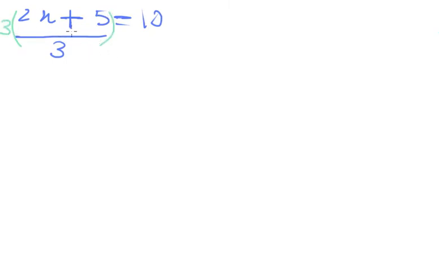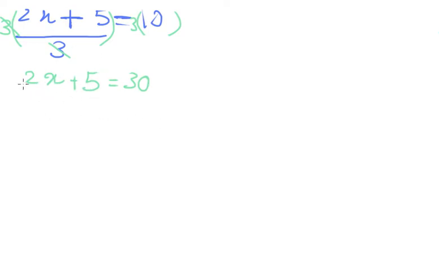Since I multiply this by 3, I need to multiply 10 and 3 as well. So here I can just easily get rid of these 2, and it will give me 2x plus 5 is equal to 30.